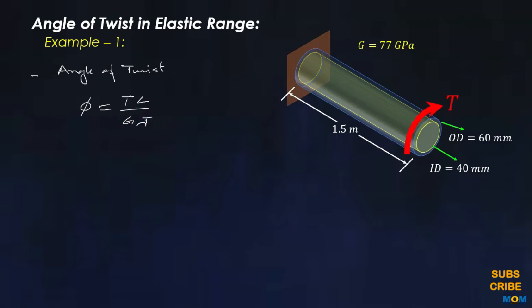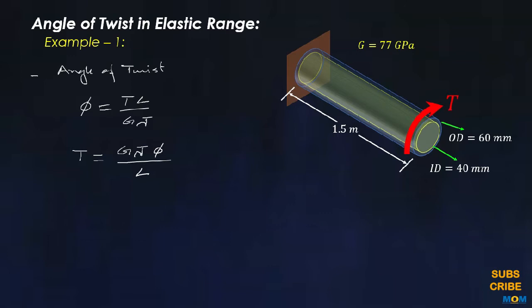Since we have to calculate the value of torque, so rewriting this expression as T is equal to GJ phi upon L. Here we know the value of the modulus of rigidity G. We know the value of phi and we know the length of the shaft.